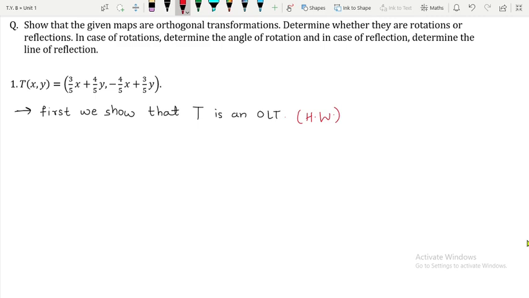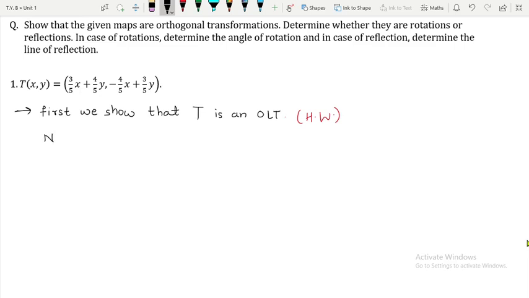In order to check this, we are supposed to find the matrix representation of T with respect to the standard basis. According to the theory we have discussed before, the determinant of a rotation matrix is +1, and the determinant of a reflection matrix is -1. So we are going to use that fact to decide whether T is a reflection or rotation.